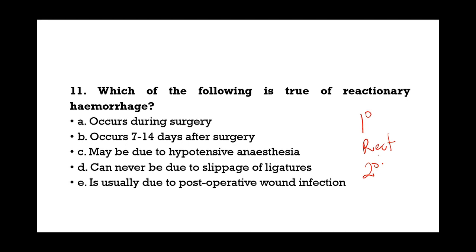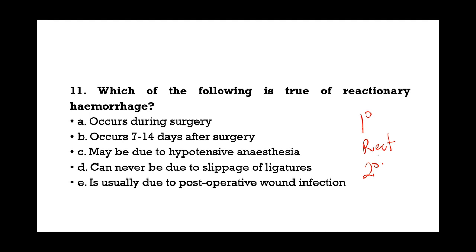Then the blood vessels open and patients bleed. Because when the blood pressure is low, blood clots could seal up some broken vessels. Or when there is a ligature that is not properly secured, when the blood pressure resumes, there will be slippage of that ligature and the patient bleeds.